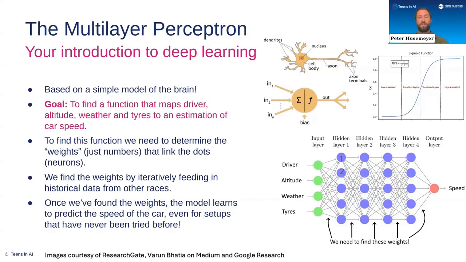Now, one of the things that we can do is look at this neuron number 1 and what it might see. For example, it might see 3 times driver minus 2 times altitude plus 10 times weather minus 1 times tires. That's maybe what it might see. Those numbers that I gave you, 3, minus 2, 10, and minus 1, those are the weights that connect that neuron to the input layer.